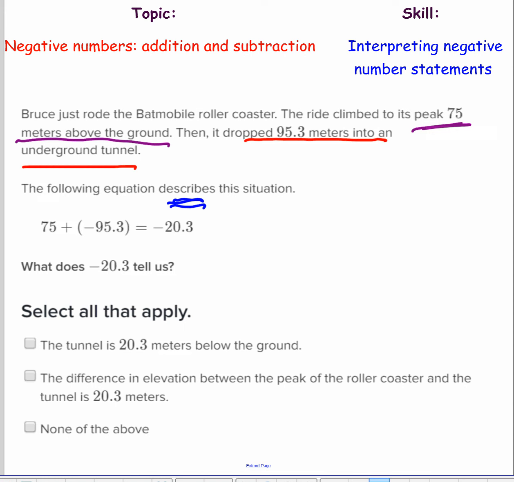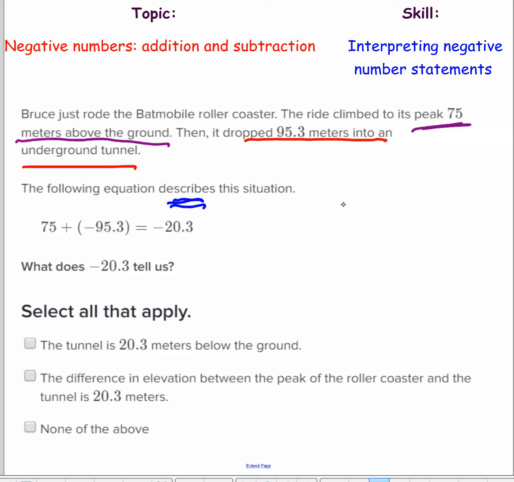If it was 75 meters above the ground and then it dropped 95 meters, how can you be 75 meters above the ground and then drop 95 meters, right? 95.3 means you had to go underground. So the following equation describes the situation. 75 plus negative 95.3 is negative 20.3.